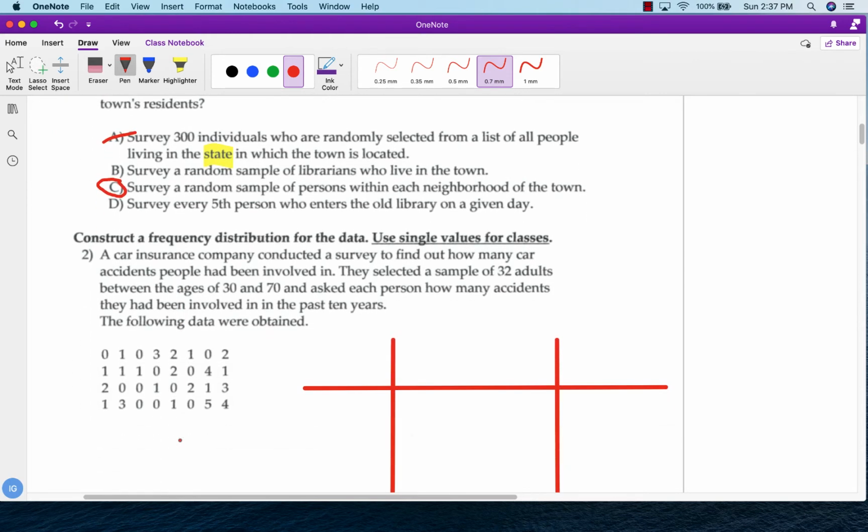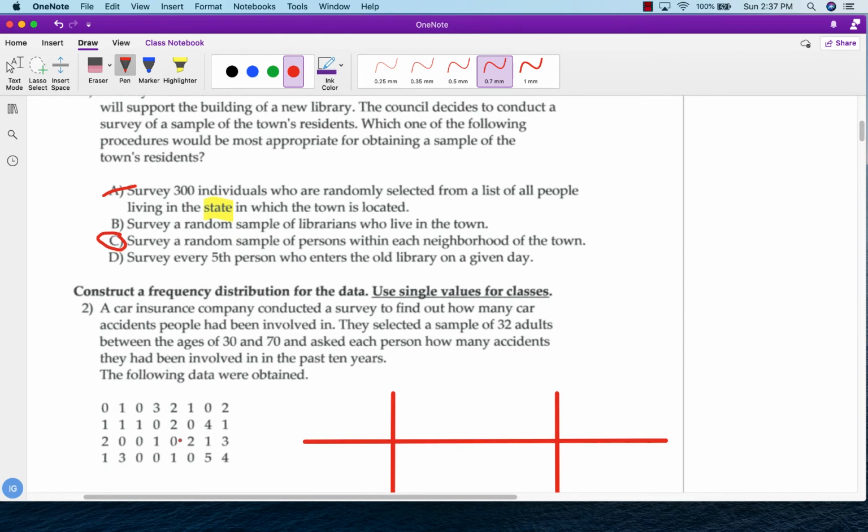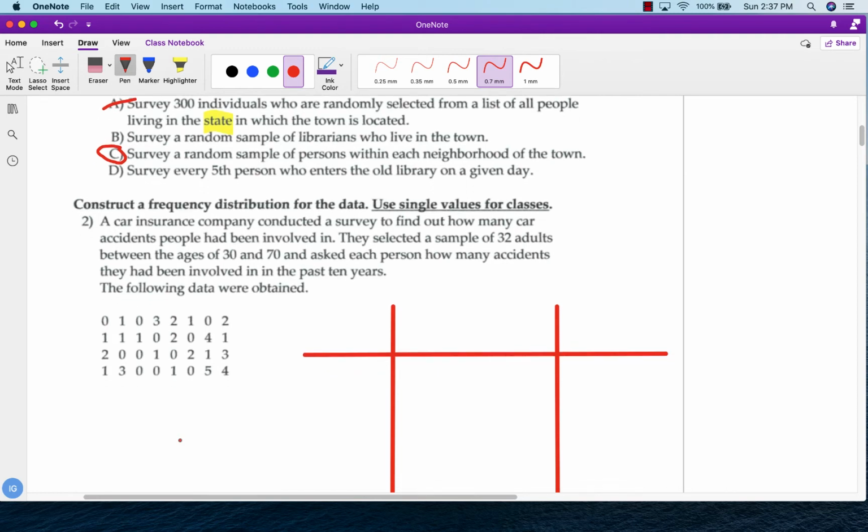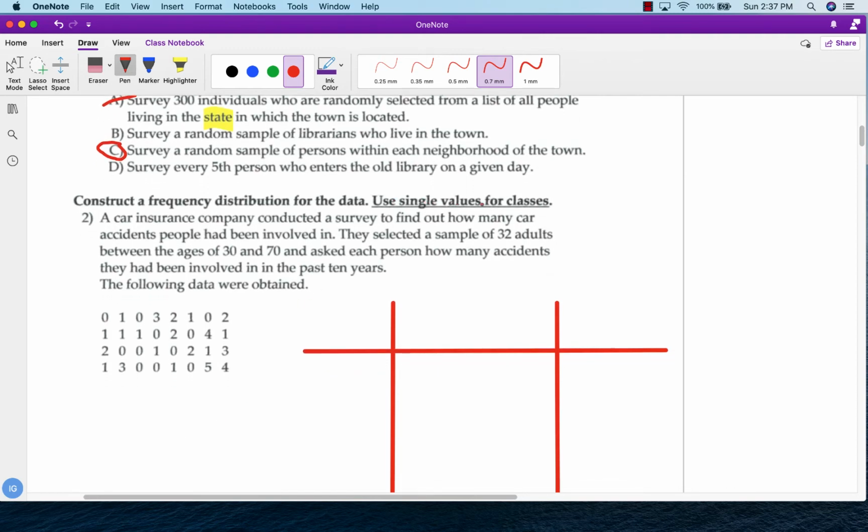Alright, so we're going to move on to construct a frequency distribution table. So in this case, they're asking you to use single values for classes. Number 2, it says a car insurance company conducted a survey to find out how many car accidents people had been involved in.